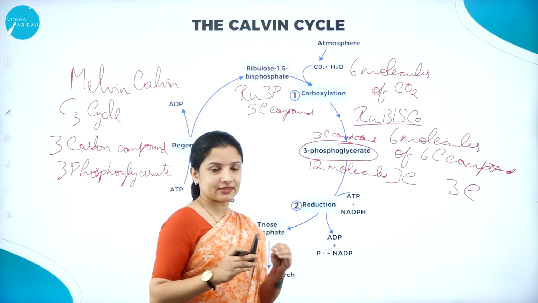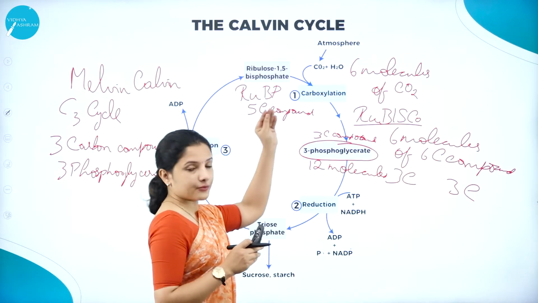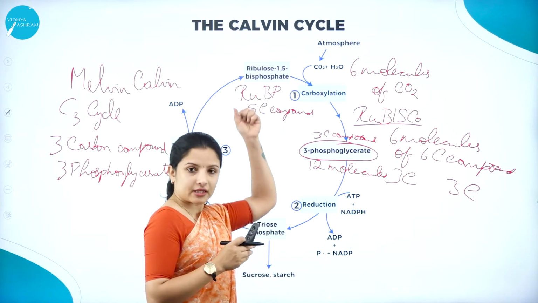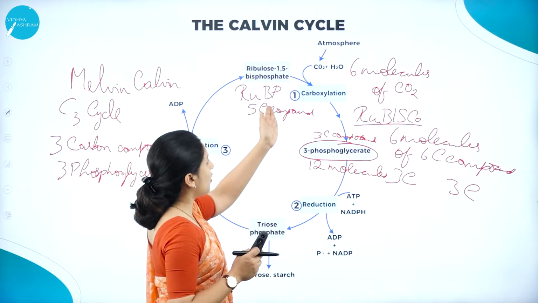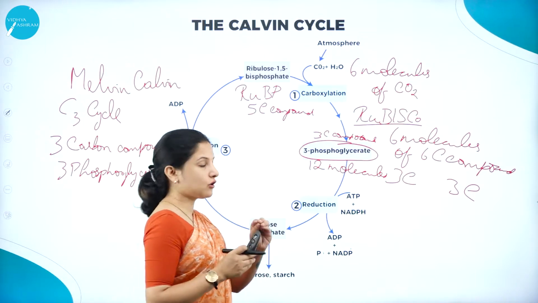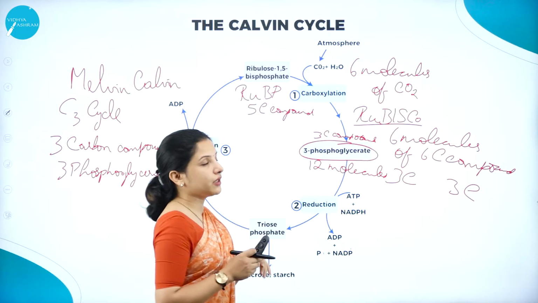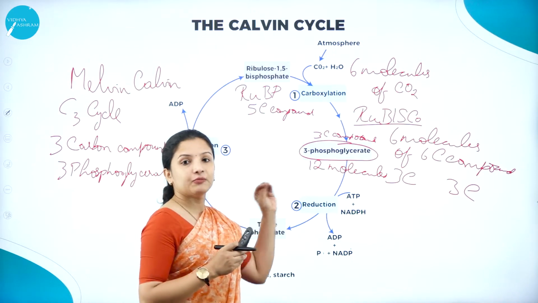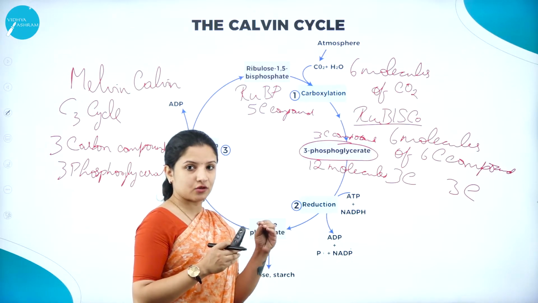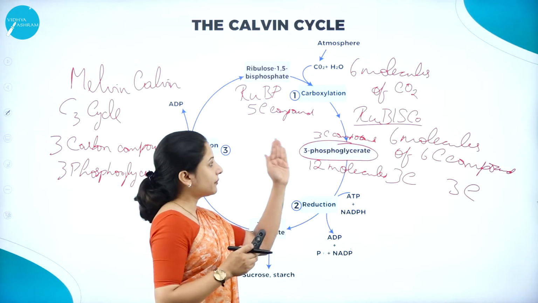To make you understand again, first the carbon dioxide is taken in from the atmosphere with the help of a 5-carbon compound called RUBP, that is ribulose 1,5-bisphosphate, taking the help of an enzyme called Rubisco.